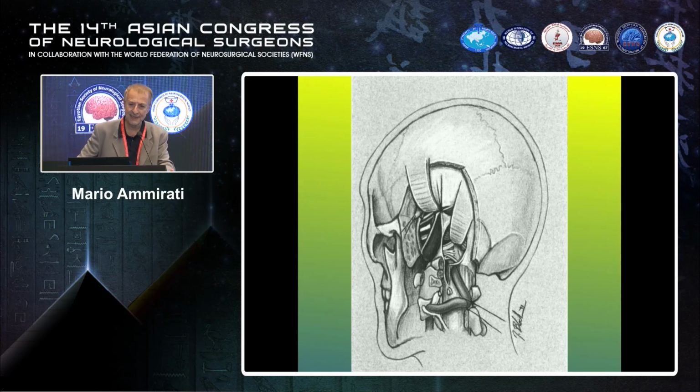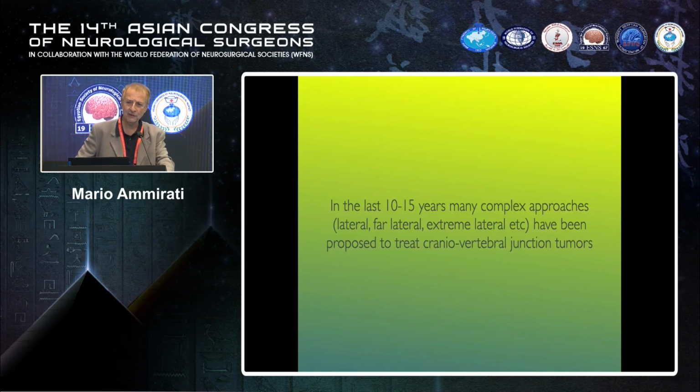But the question is, with experience and with time, maybe we just need to be faster in doing our own surgeries. Probably we realize that many of these approaches are not always necessary.